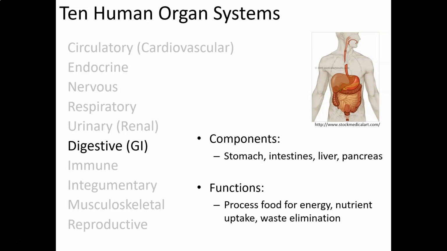The function is to process food for energy, right? We have to eat to take energy in. We have to uptake nutrients, and we have to eliminate waste. That's sort of a misnomer. The digestive system eliminates stuff that wasn't absorbed, but we don't really stick much into the digestive system to get rid of it.